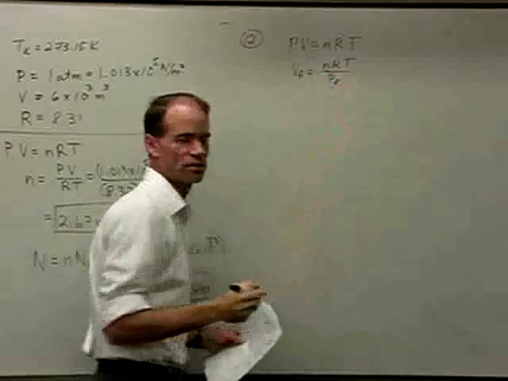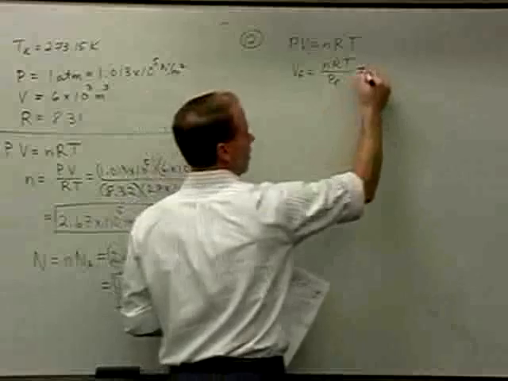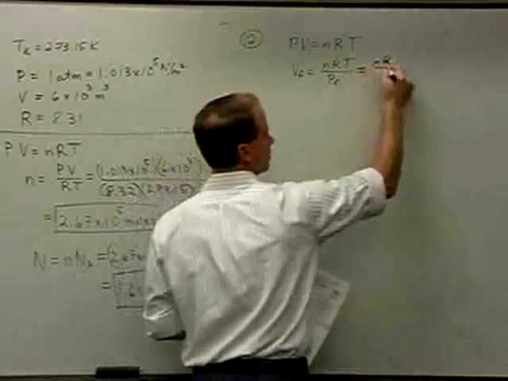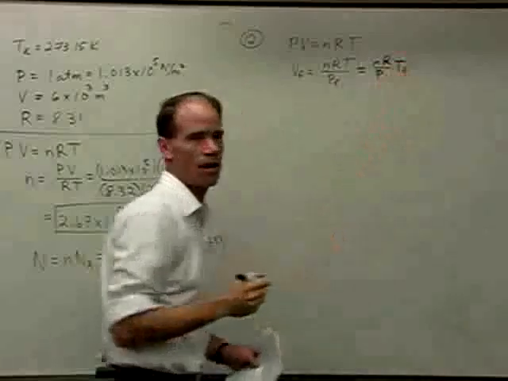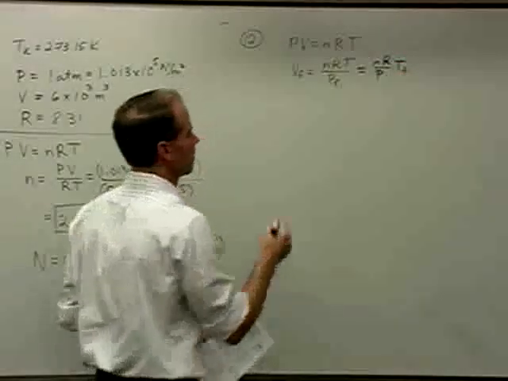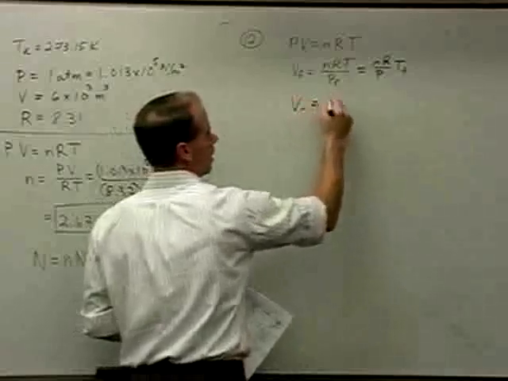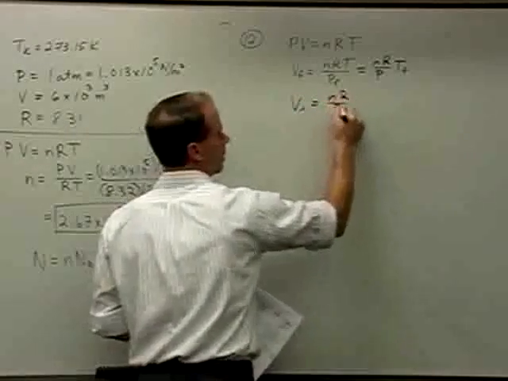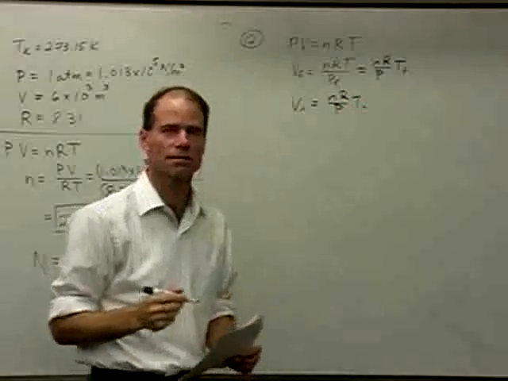But we're told that the pressure is constant in this case, so let's treat it like a constant. We'll say that our final volume is all these constants times the final temperature, nR over P times the temperature. And for that matter, the initial volume will be nR over P times the initial temperature, because P is constant.